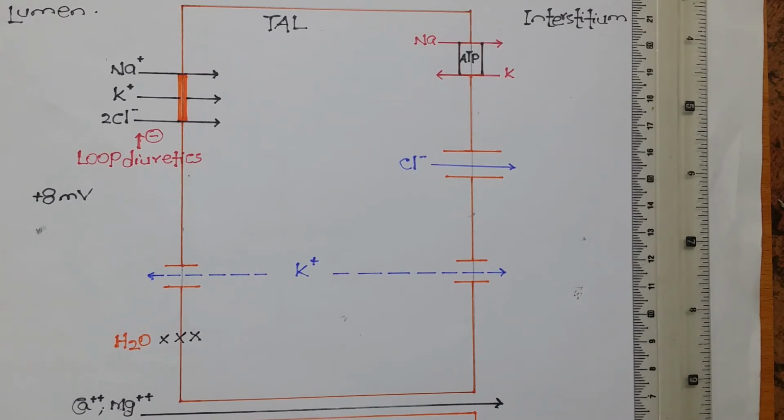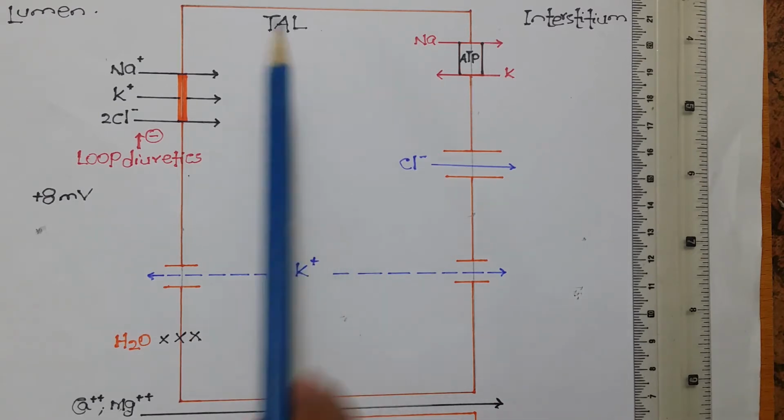In general, about 25% of the filtered load of sodium, potassium, and chloride is reabsorbed in the loop of Henle, and most of this reabsorption occurs in the thick ascending limb.